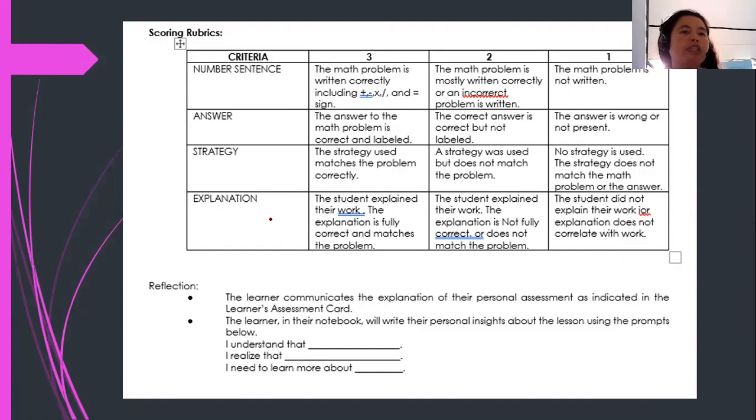And the explanation, 3 points, the student explained their work. The explanation is fully correct and matches the problem. 2 points, the student explained their work. The explanation is not fully correct or does not match the problem. And 1 point, the student did not explain their work or the explanation does not correlate with the work.